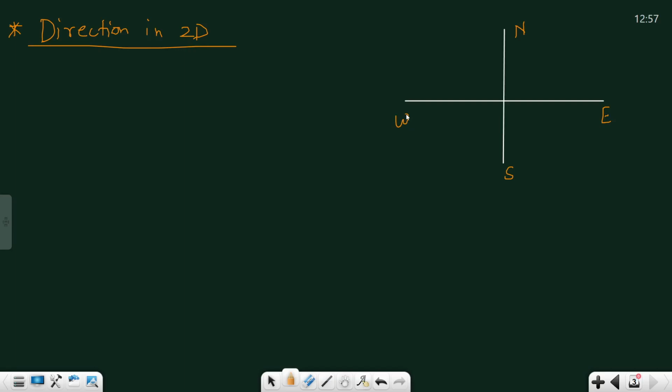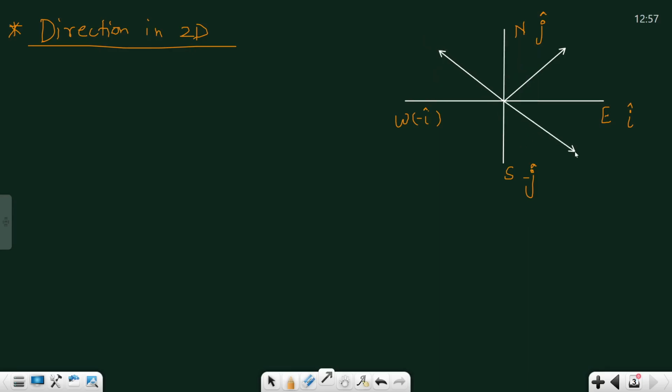So we will take north as j, south as minus j, east as i, and west as minus i. Correct? Clear? So we have to find the directions like this direction, this one, northeast. This one is northwest.